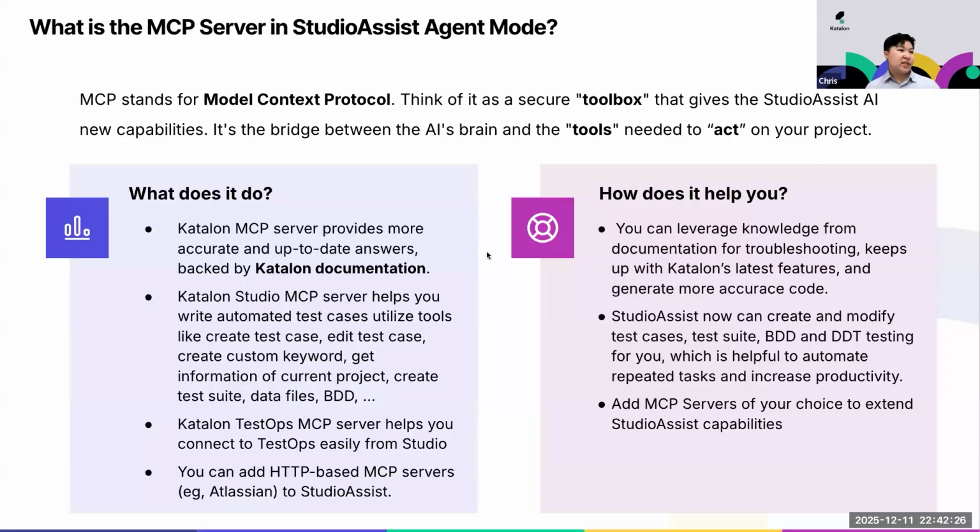So what you can expect from the Katalon MCP server is more accurate and up-to-date answers that are taken directly from our Katalon documents. The Katalon Studio MCP server will help you write test cases and utilize some of the tools that we already have by default.